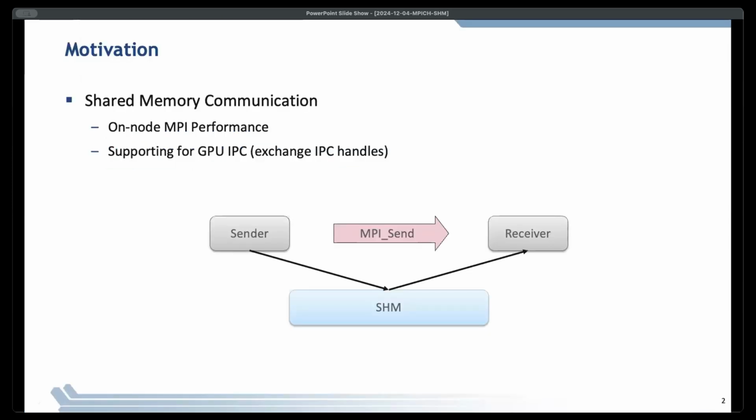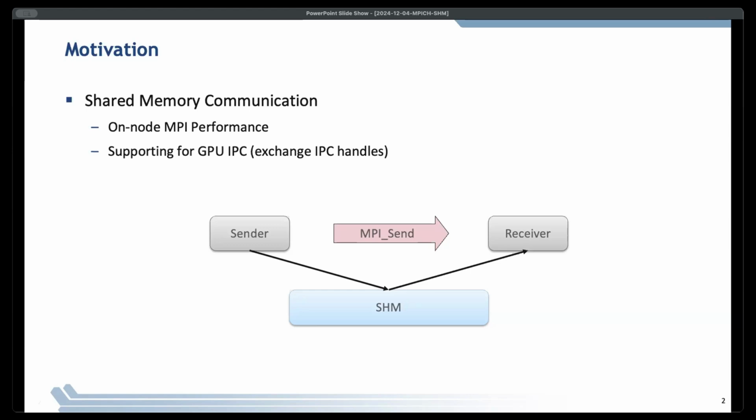To begin with, just a little bit of background on why we are interested in this. The shared memory communication in MPI is fairly simple, right? When the sender and receiver processes are on the same node, if one is trying to send a message to another, the intuitive, efficient way would be sending the data over shared memory.